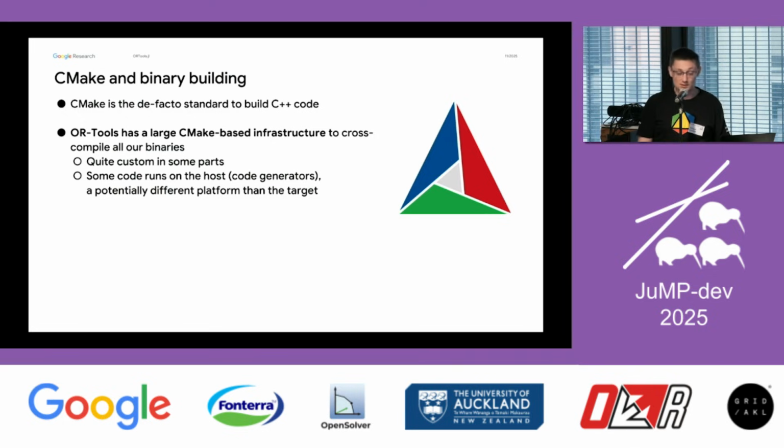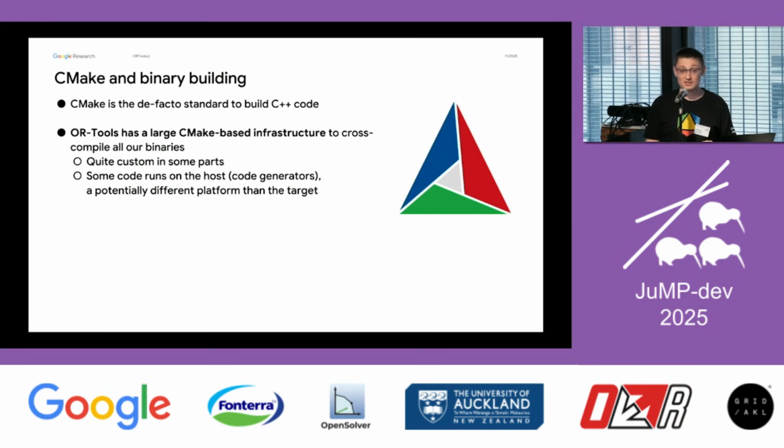But we started to have problems regarding cross-compilation, because ORTools has a lot of CMake code just to cross-compile our code, meaning that we just run the compilation on one, typically Linux, machine and we target every platform, so that includes Linux, macOS, Windows. It was very good for our needs, but it's really a bespoke infrastructure in the sense that we wrote it over the last few years, and it's not exactly how Yggdrasil and BinaryBuilder expect the build scripts to be.